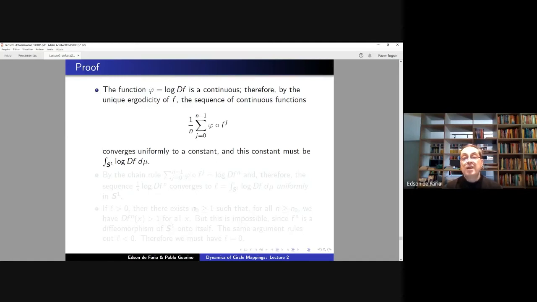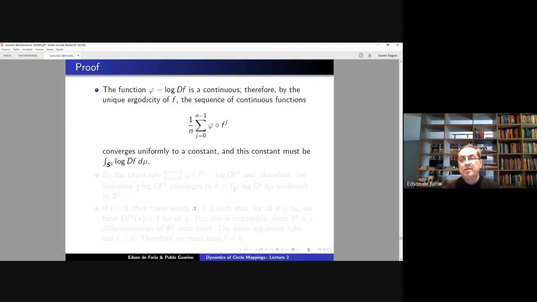And because f is uniquely ergodic, which is something we know already, the sequence of continuous functions, which are the Birkhoff averages of phi along the orbits of f, converges uniformly to the space average, to a constant.